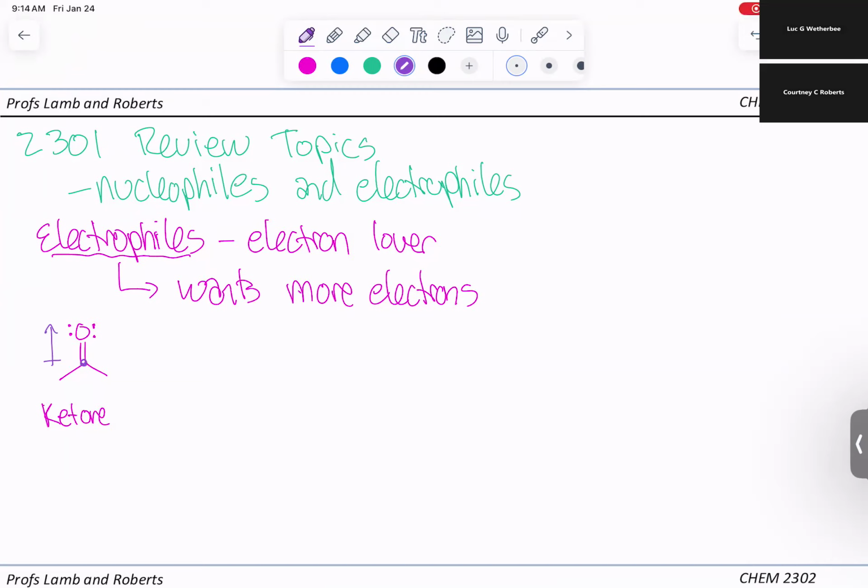And so what that does is we have a partial positive charge on that carbon because we pulled electron density away. All right, this is not a full positive charge. We're not drawing this as a carbocation. We're drawing this as a partial positive. The same thing goes, then we can assign the partial negative charge to the oxygen. The key takeaway here is that oxygen is very electronegative.